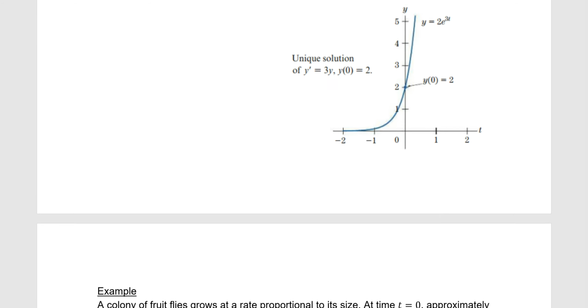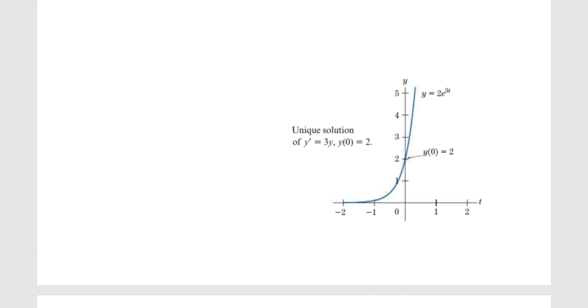So let me just go back up real quick. If we had y prime equals 3y, that means the slope of the function equals 3 times the y value of the function, if that's a better geometric way of thinking about it.